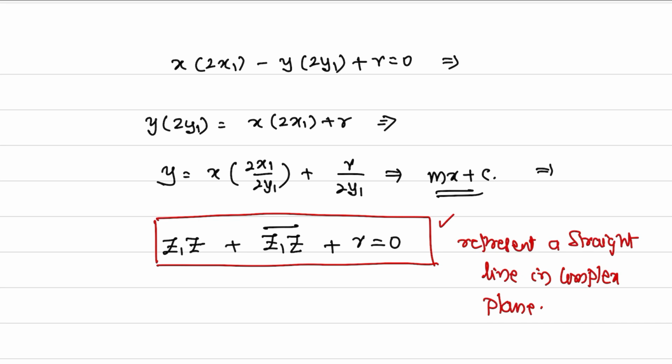Then you have to write like this. From this you can find out the slope. This is the slope. This is the intercept.